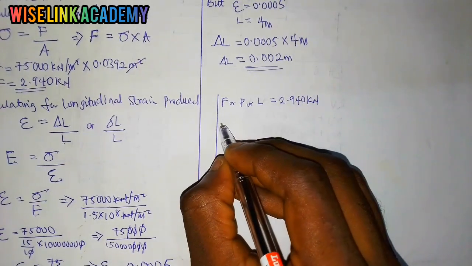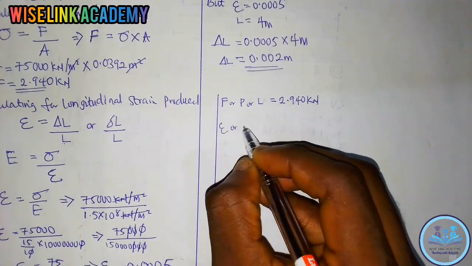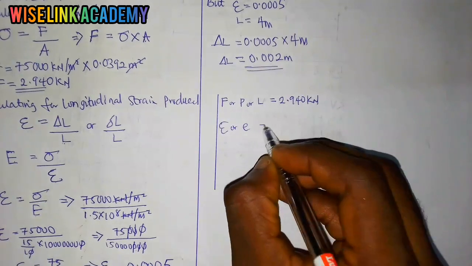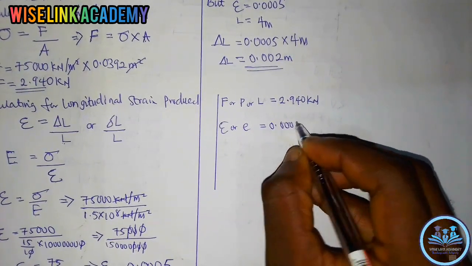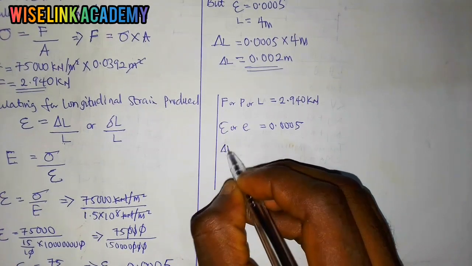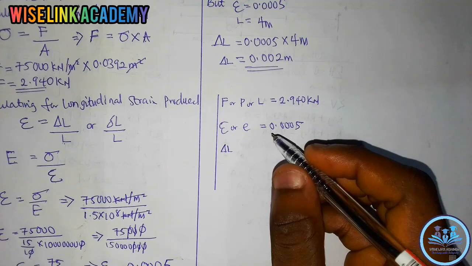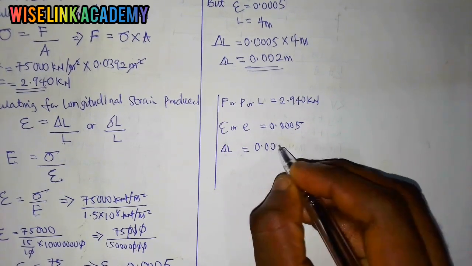If I move on, my strain is equal to 0.0005. And lastly, my change in L, that is the decrease in length, is equal to 0.002 meter.